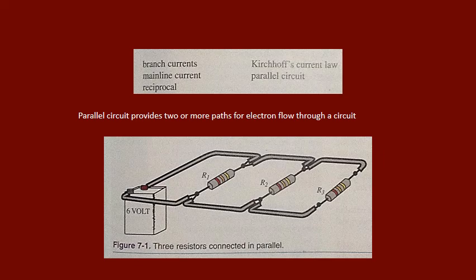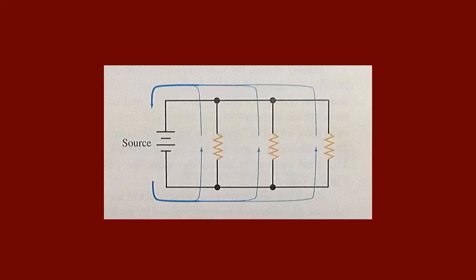The parallel circuit voltage. The voltage in a parallel circuit is equal to the source voltage to which two or more components are connected. If two or more components are connected to the source in parallel, the voltage drop across each component is equal to the source voltage.